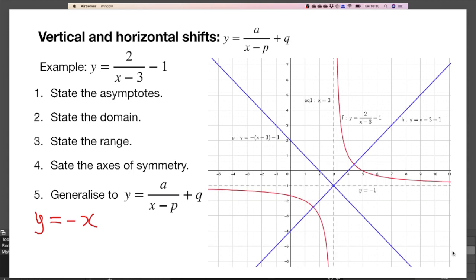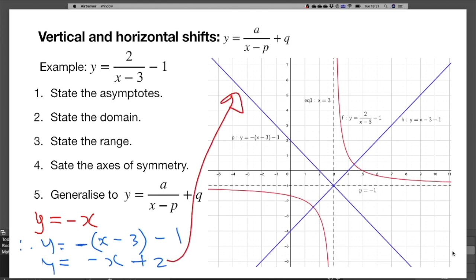And so when that happened, y equal to -x was also transformed the same way. So now we are saying instead of x, it should be x minus 3. Then it was shifted 1 unit down, which means -1. So this becomes the equation of that other axis of symmetry there.